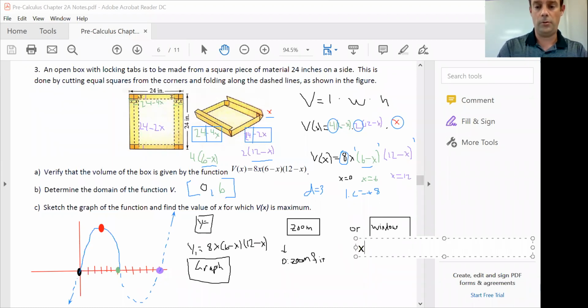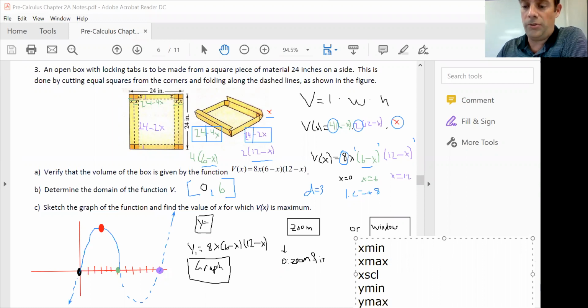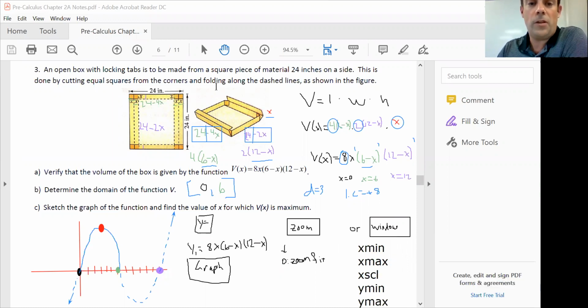Let's see if I can't type it out real quick. X min, X max, X scale, Y min, Y max. We don't need to go past that. Y scale, all that stuff. Don't worry about it. So what it's going to say is this X min, it's going to have it at -10.